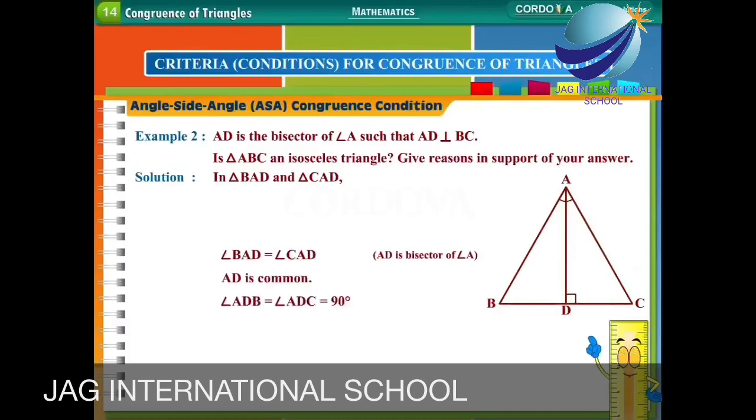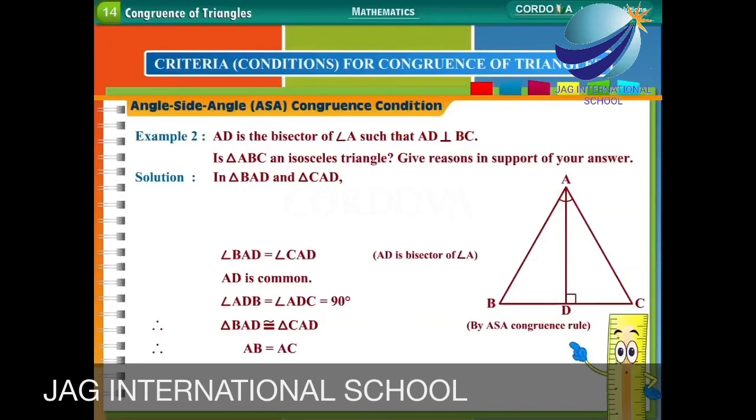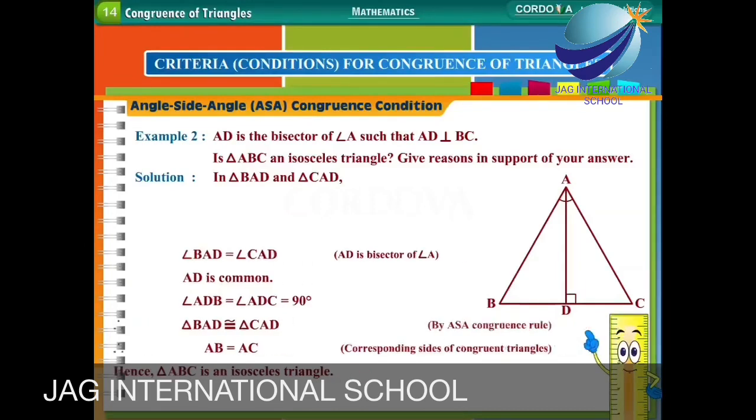Angle ADB is equal to angle ADC, which is equal to 90 degrees. Therefore, triangle BAD is congruent to triangle CAD by ASA congruence rule. Therefore, AB is equal to AC, corresponding sides of congruent triangles. Hence, triangle ABC is an isosceles triangle.